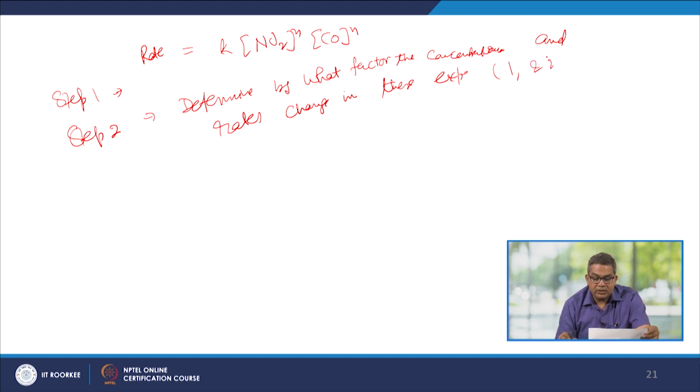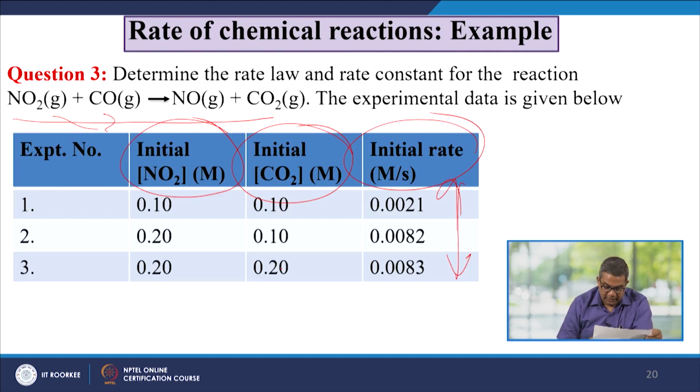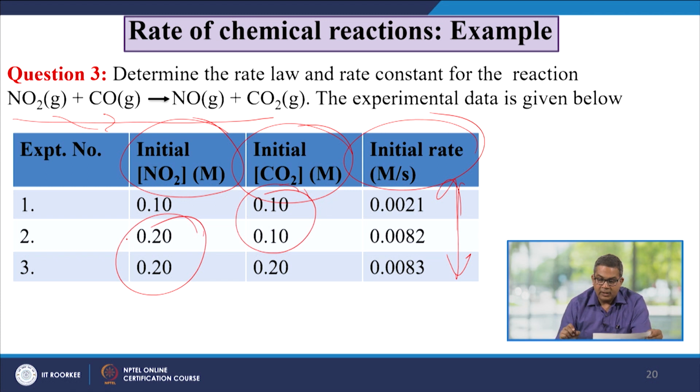Therefore, we will first compare the concentration of NO2 in the two experiments and then their rate. Similarly, we will proceed with carbon monoxide in experiment 2 and experiment 3, like here. Here you see that these two concentrations are same, and here these two concentrations are same.